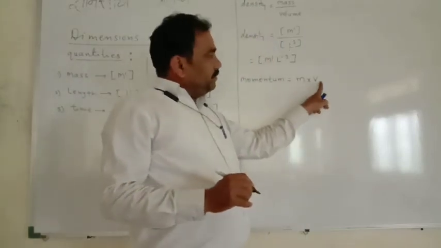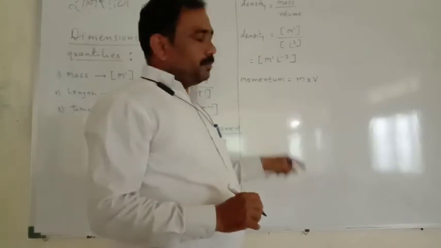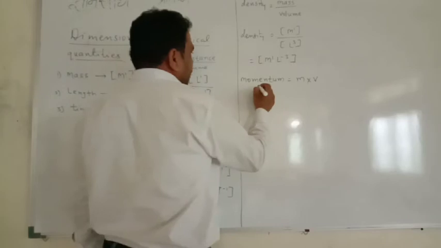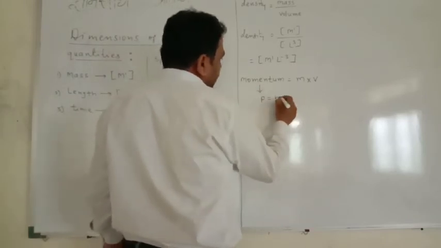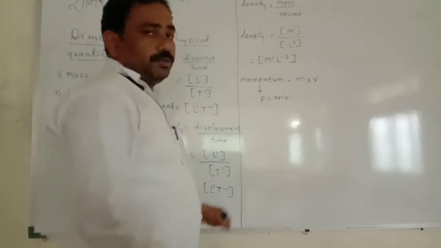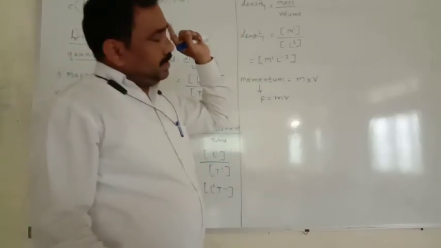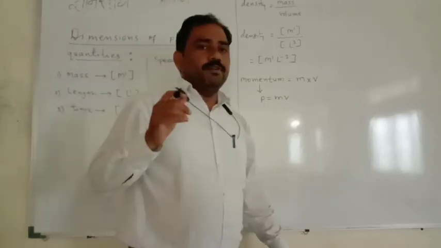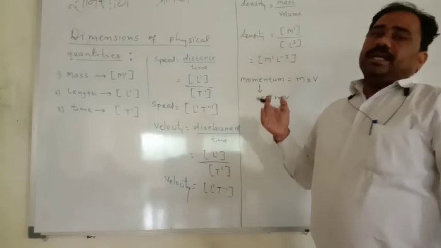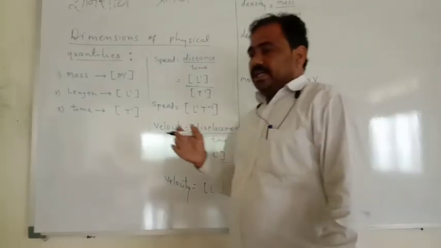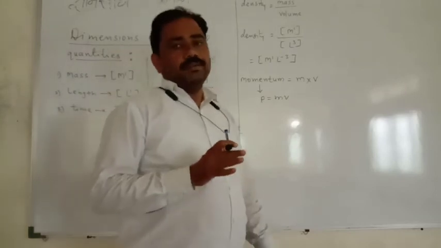This is called momentum, represented by the letter P. So P is equal to m into v. If you know this, you can easily calculate the dimension. The most important thing is the formula. If you know the formulas of physical quantities, you can easily find the dimensions.